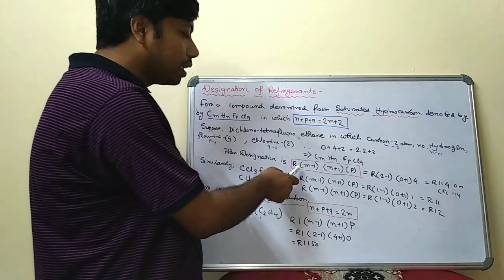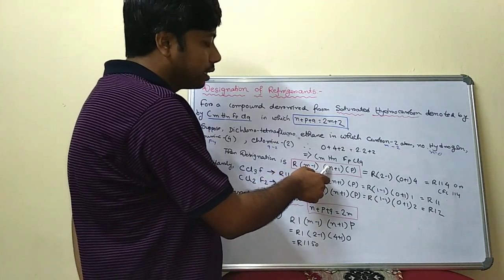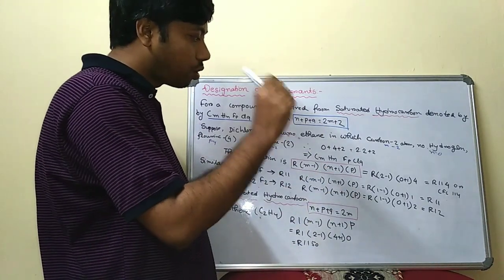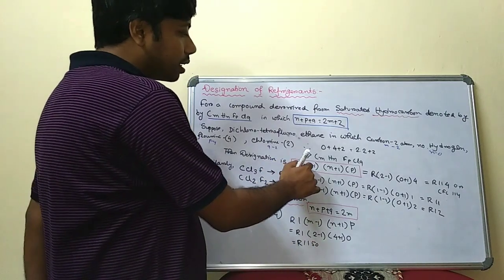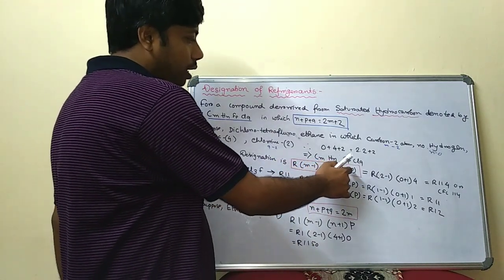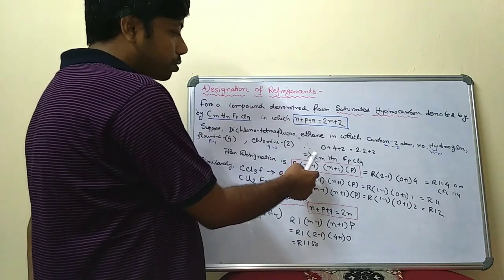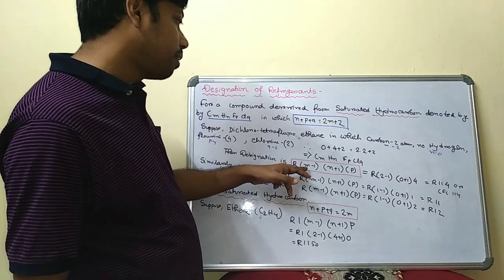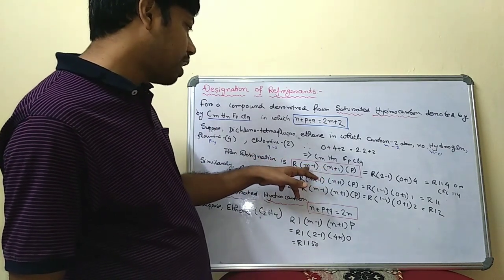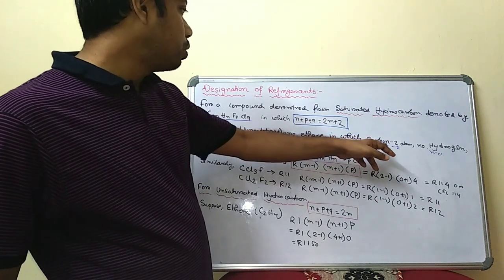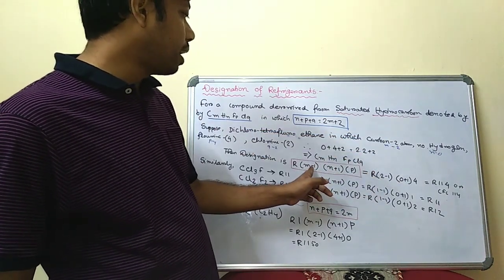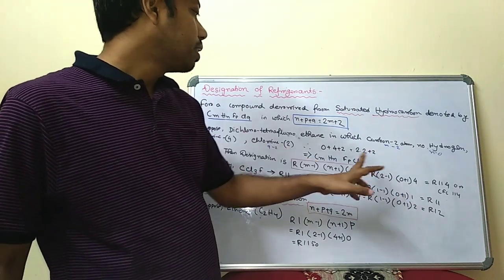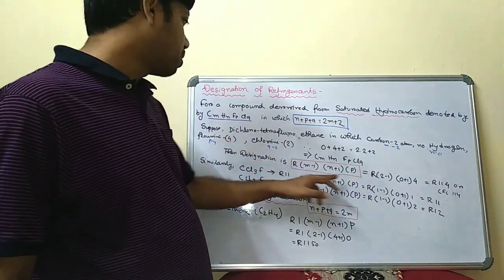The designation is R (m minus 1)(n plus 1)(p). For dichlorotetrafluoroethane, m is 2, n is 0, and p is 4.